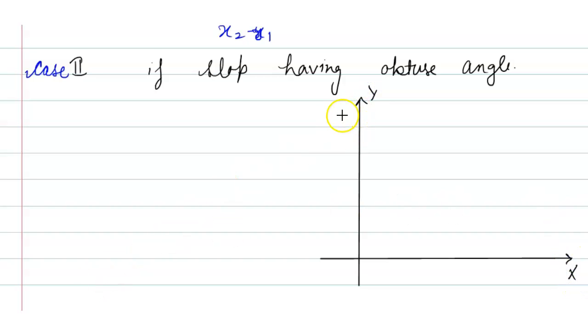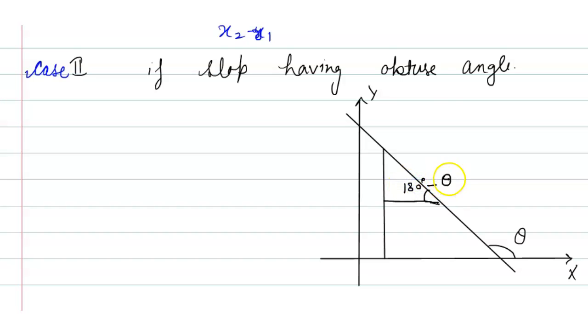Now draw a line having an obtuse angle. So here is theta, and here is the line of slope. Here is the angle and this one is 180 degree minus theta, because this angle is equal to this angle and this angle is 180 degree minus theta because of a linear pair. So this angle is also equal to 180 degree minus theta.